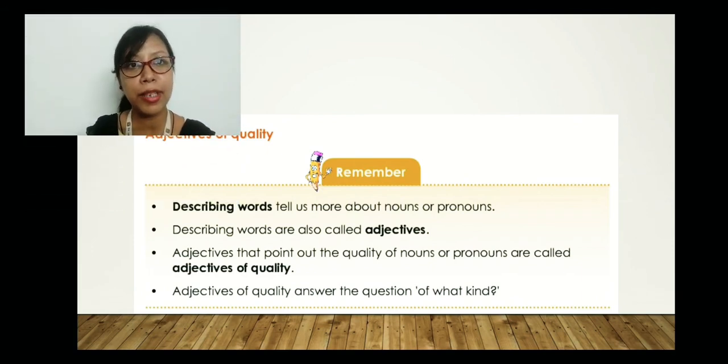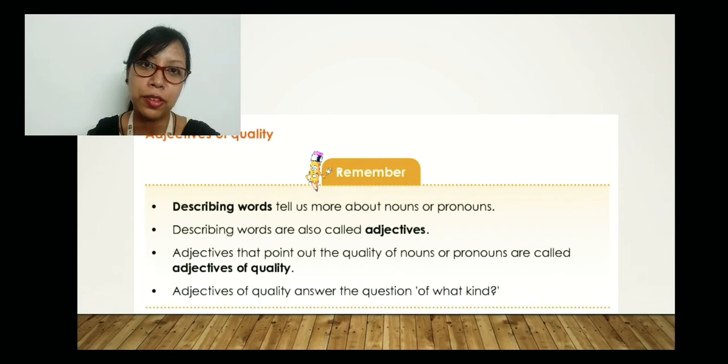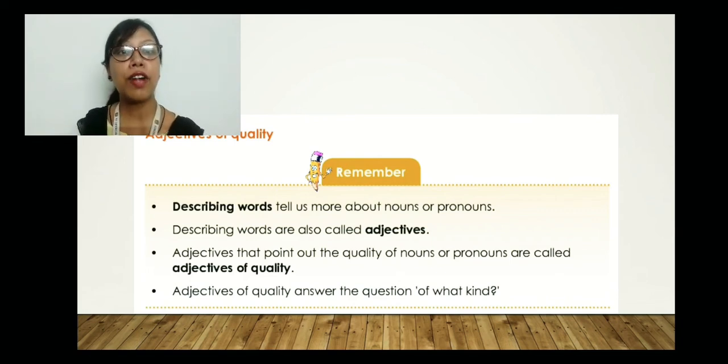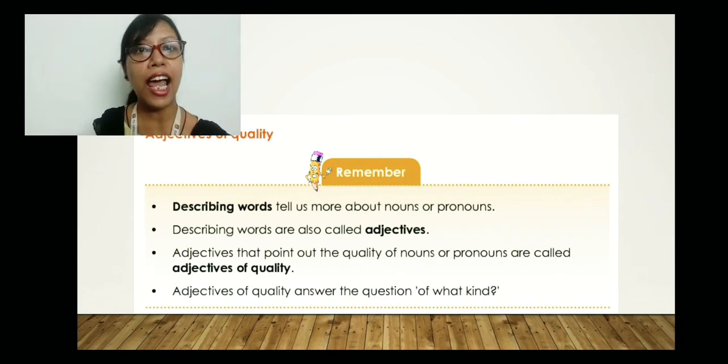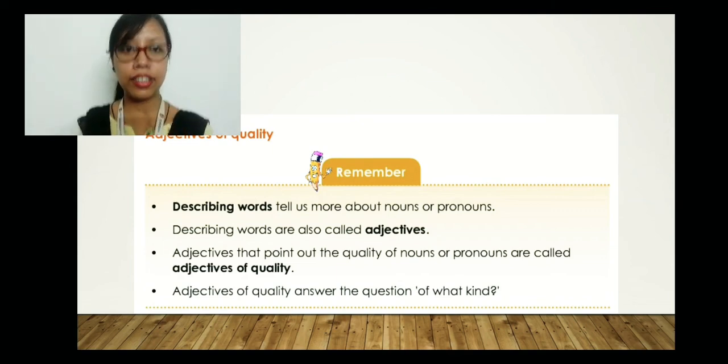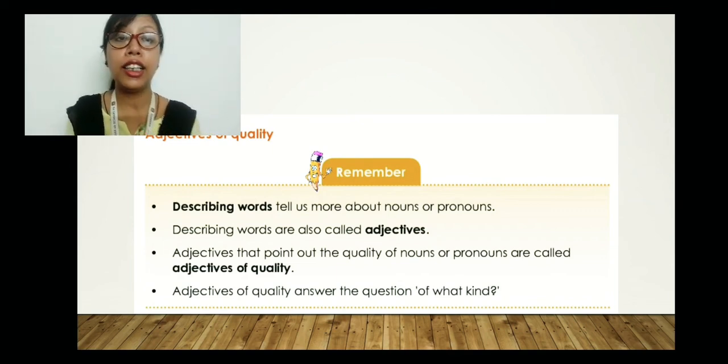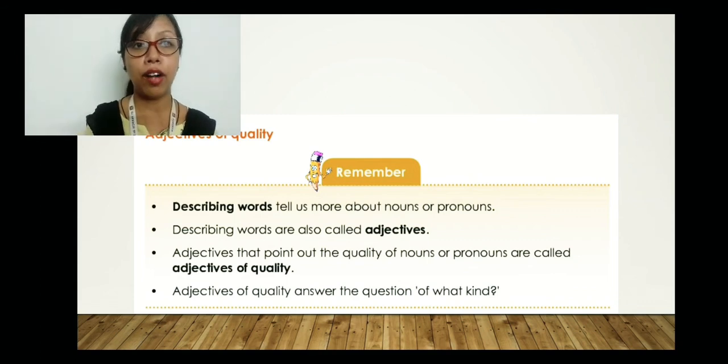So quality means what? Let us read it out. Describing words tell us more about nouns or pronouns. Describing words are also called adjectives, which we have already discussed. Adjectives that point out the quality of nouns or pronouns are called adjectives of quality.